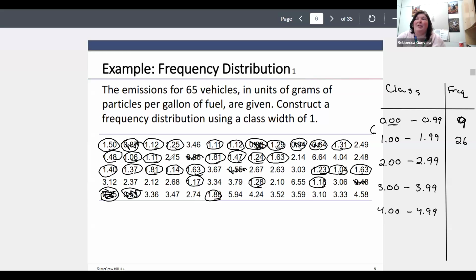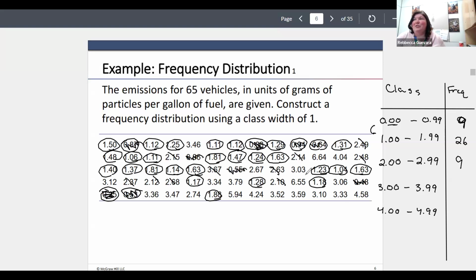Next, we'd have to do everything between 2 and 2.99. We've already counted that. We got 1, 2, 3, 4, 5, 6, 7, 8, 9. Like 9 of them. Everything between 3.00 and 3.99. Ooh, I need to go up further.